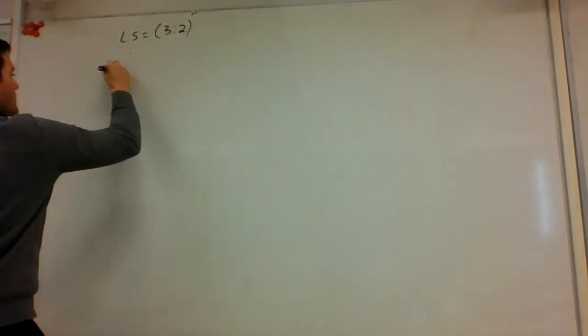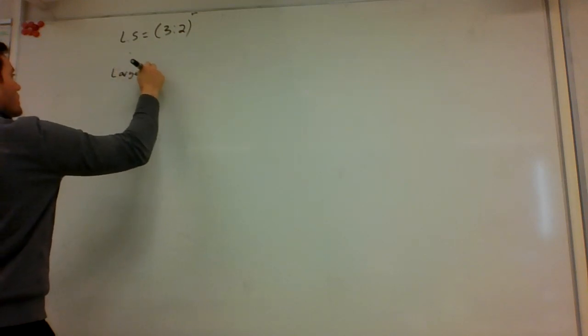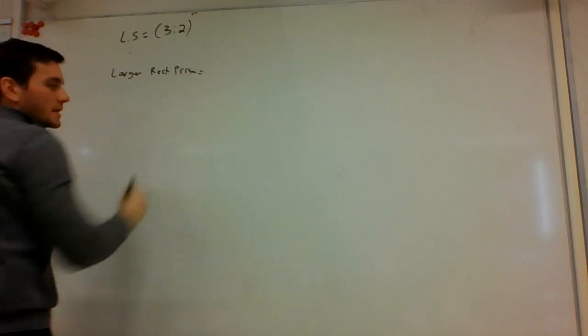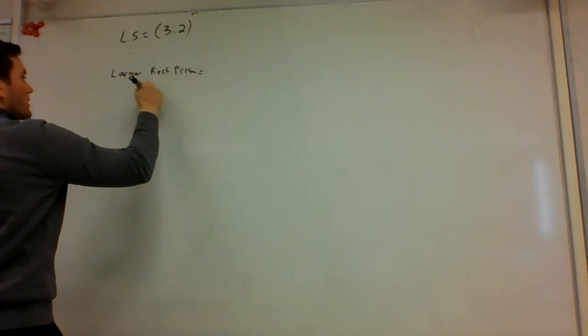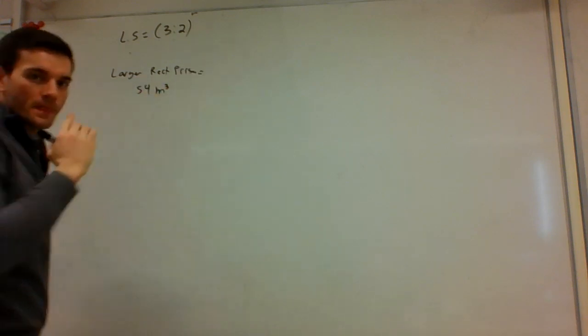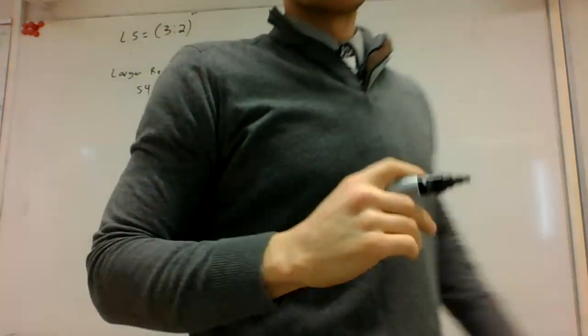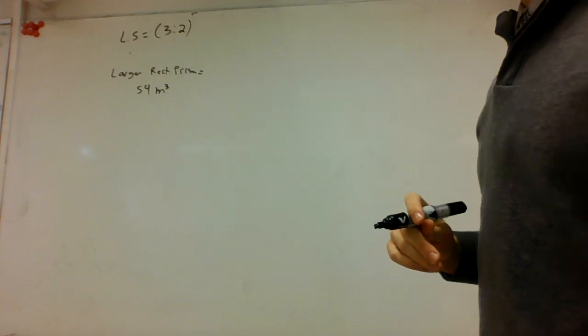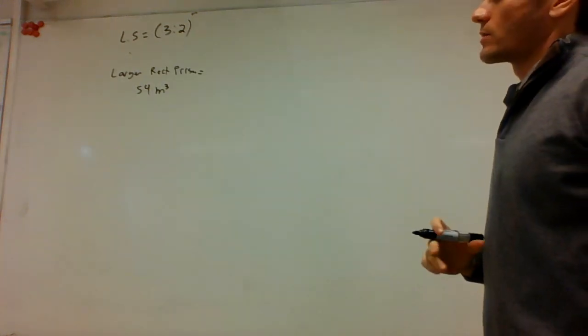So larger rectangular prism equals 54 meters cubed. And let's see if there's any other information that we need. They just want to know what is the volume of the second rectangular prism.